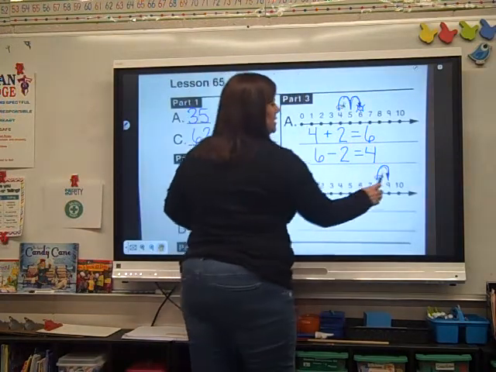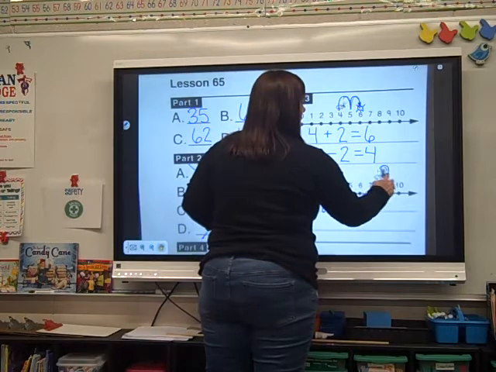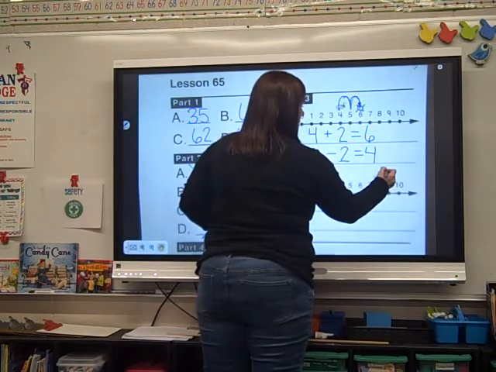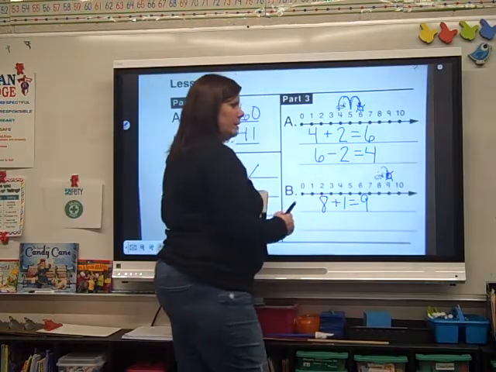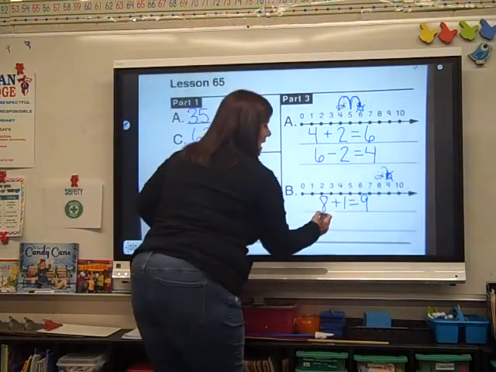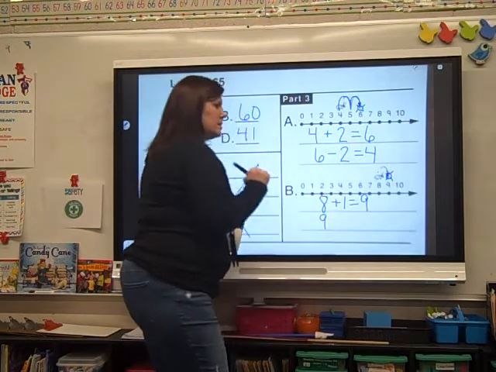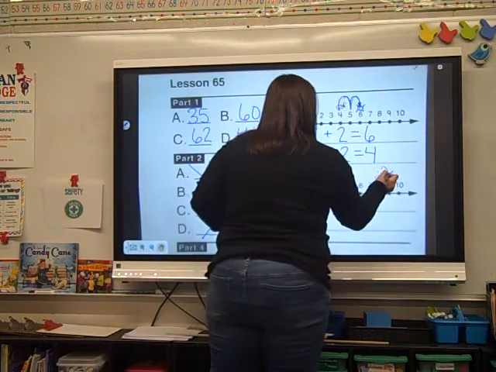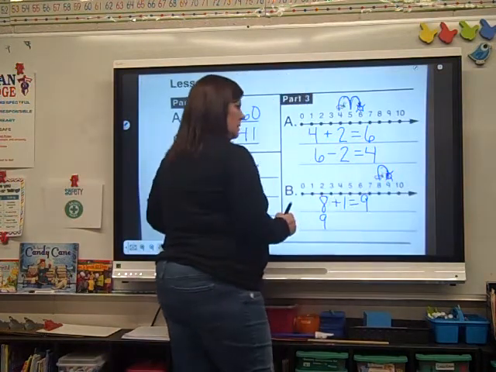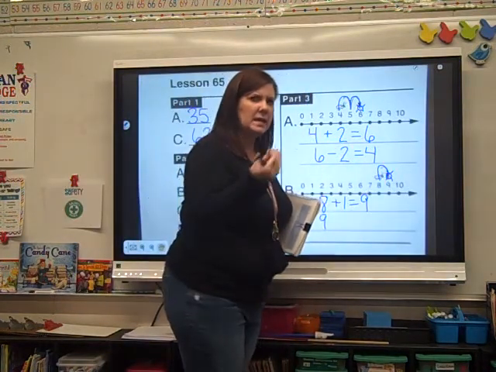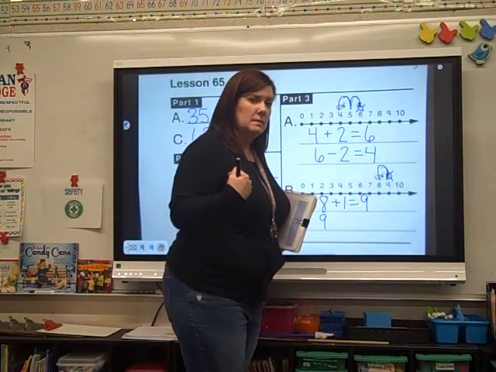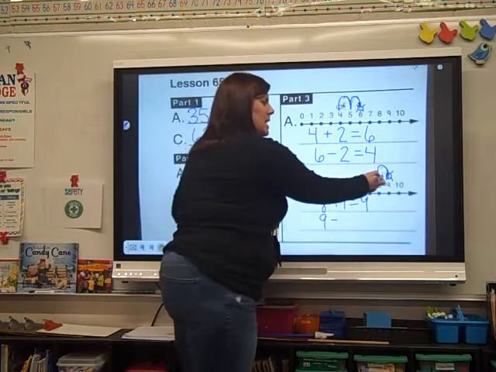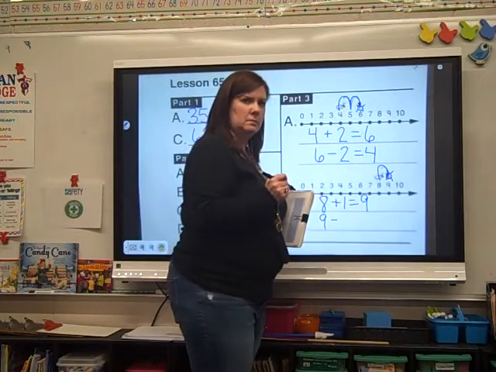All right. So now, here's our bug sitting on 9. Silly little bug, poor little bug. So now we're going to say the bug starts at 9 on a number line. Then he's going to hop this direction. What direction is that? He's getting less. It's minus, isn't it? How many times did I hop? 1.